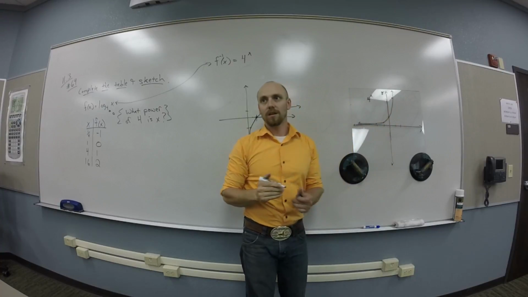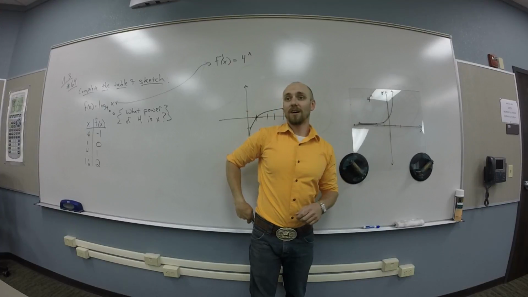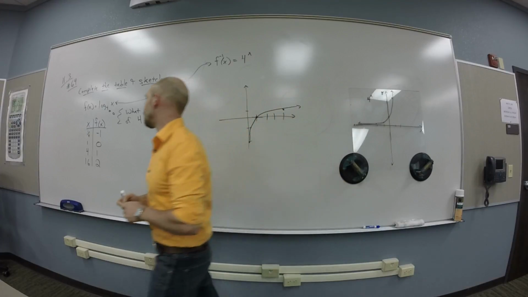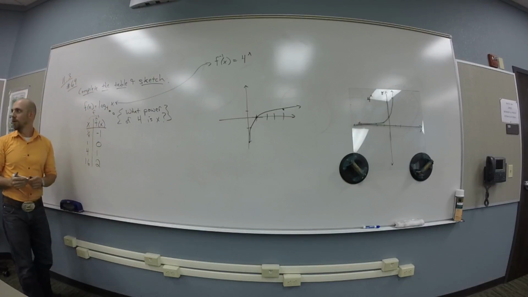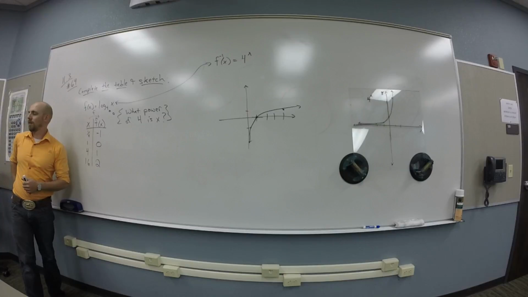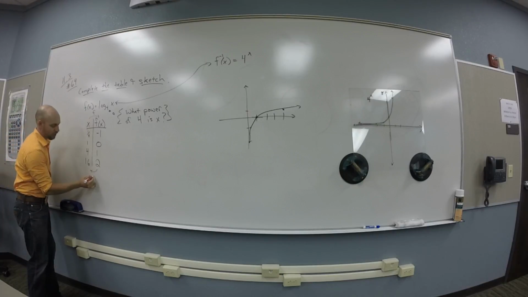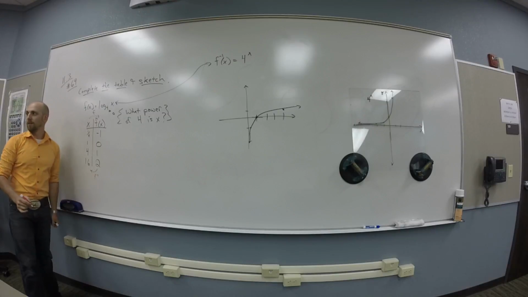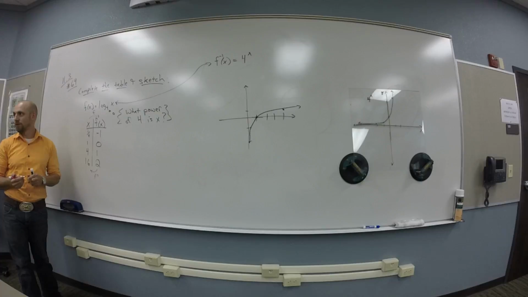So when you do that, it flips the f of x and the x around. The reason for that is that our rule f goes this way. So the inverse function goes this way. Of course it takes in the outputs from the regular function and gives out the inputs from the regular function.